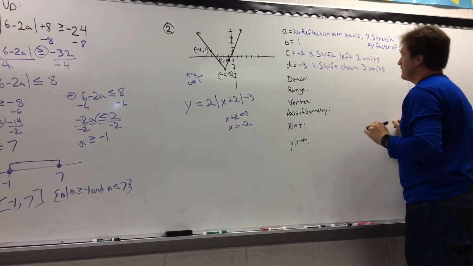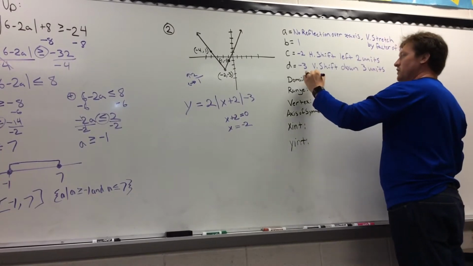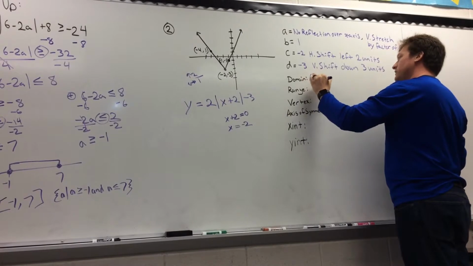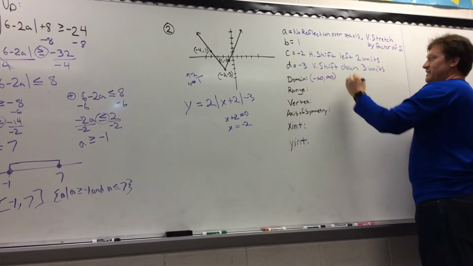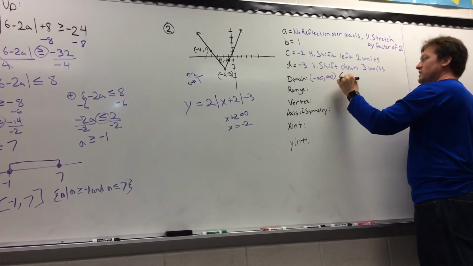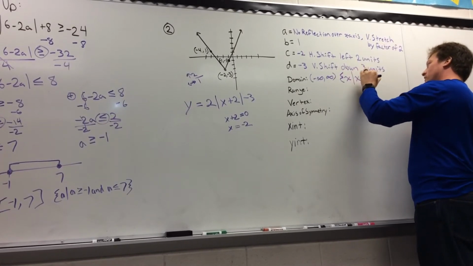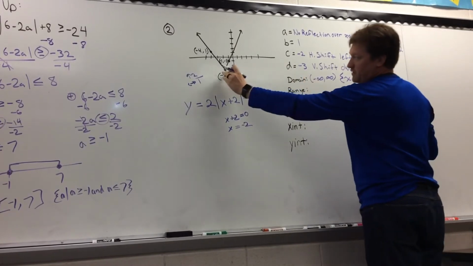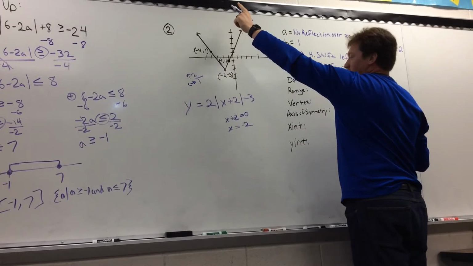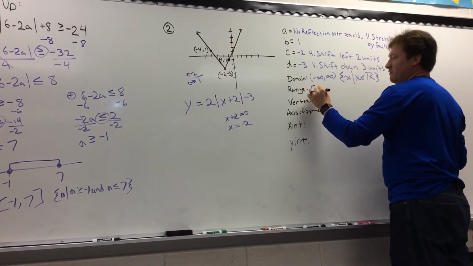This is what you can expect to see on your test. Your domain is all real numbers. That's going to be shown 2 ways. Negative infinity to positive infinity. This is interval notation. And set builder notation is a solution set of x such that x is an element of all real numbers. For the range, we start from this bottom point and we go up forever. So we're going to start at negative 3 with a hard bracket.